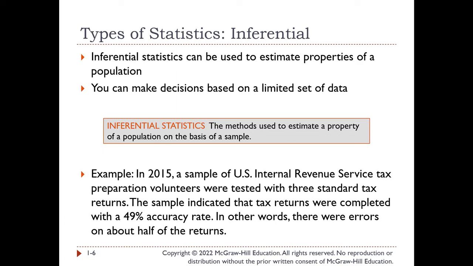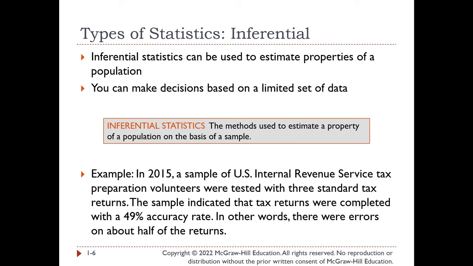So, for the example, this says in 2015, seems so long ago, a sample of U.S. Internal Revenue Service tax preparation volunteers were tested with 3 standard tax returns. The sample indicates that tax returns were completed with a 49% accuracy rate.